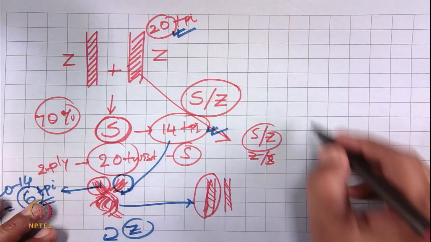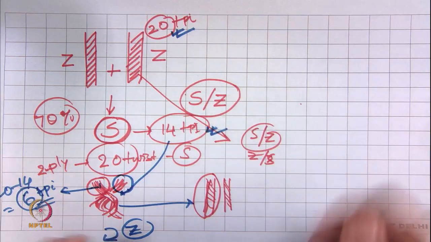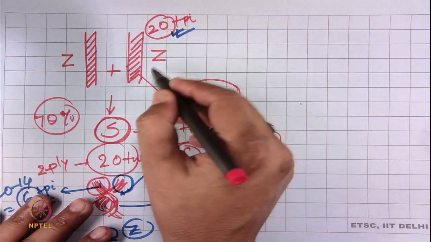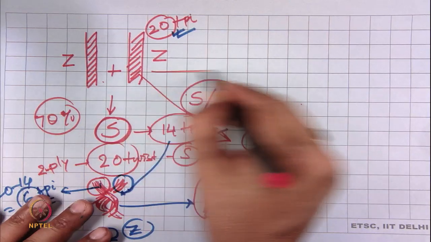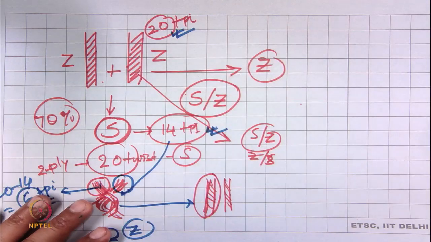So, the yarn becomes balanced. Balanced means that there will not be any residual torque present in the yarn, but for some special applications we do Z and Z, then we apply Z twist again on this yarn.